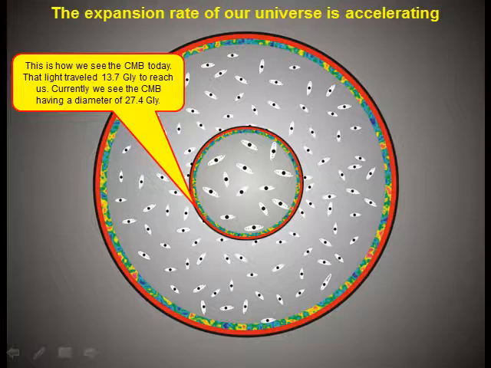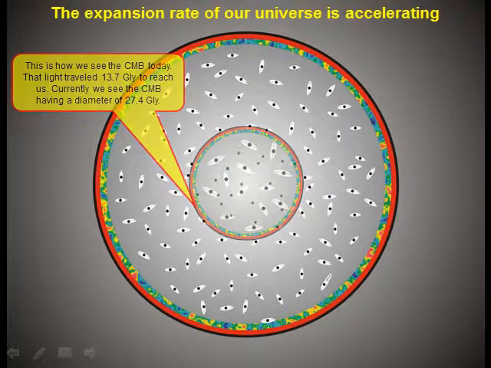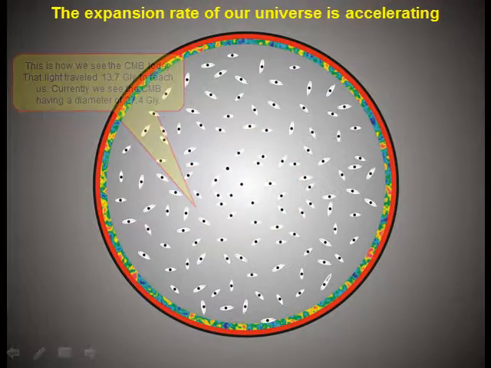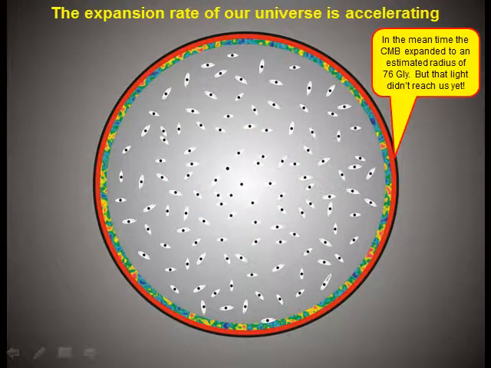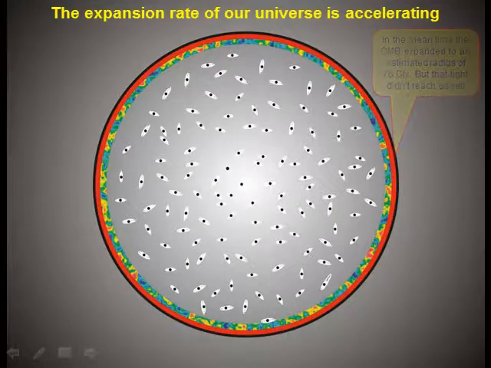That light traveled 13.7 billion light-years to reach us. Currently we see the cosmic microwave background having a diameter of 27.4 billion light-years. In the meantime, the cosmic microwave background did grow to an estimated radius of 76 billion light-years. But that light didn't reach us yet.